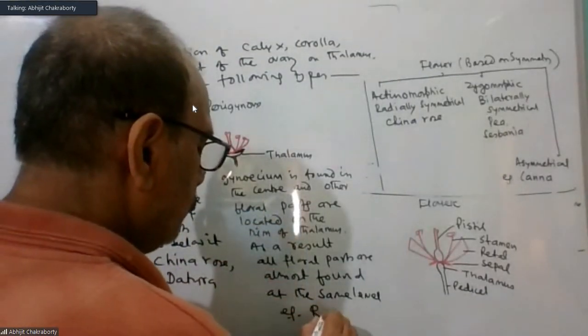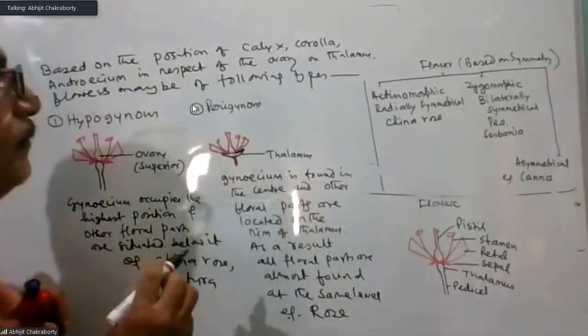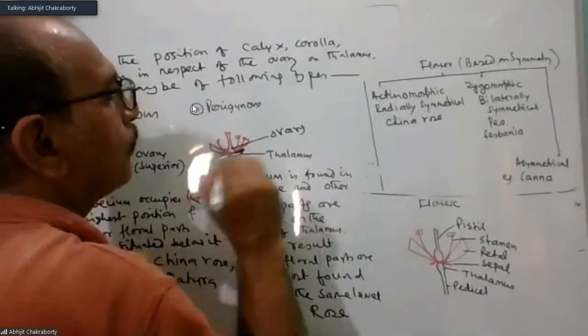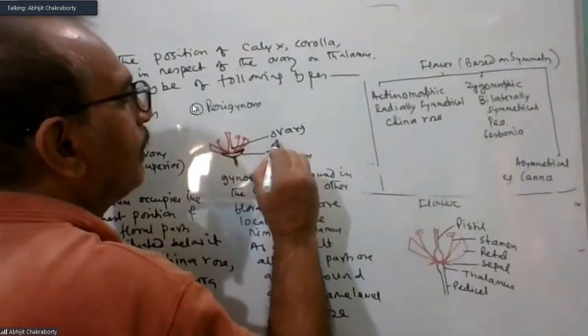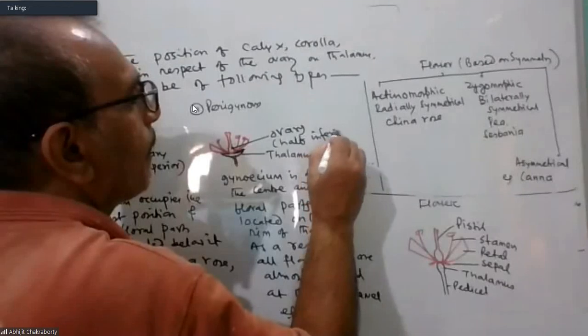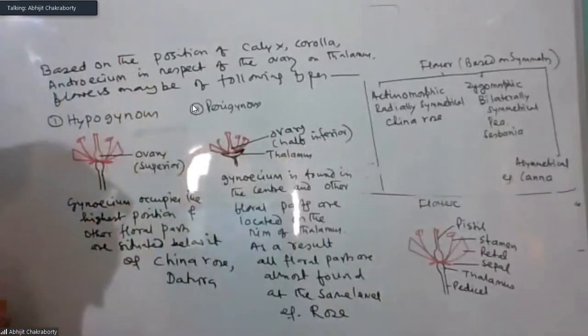Example, rose. So here the ovary, as it almost occupies the same level, is called half inferior. Ovary is half inferior in case of perigynous.